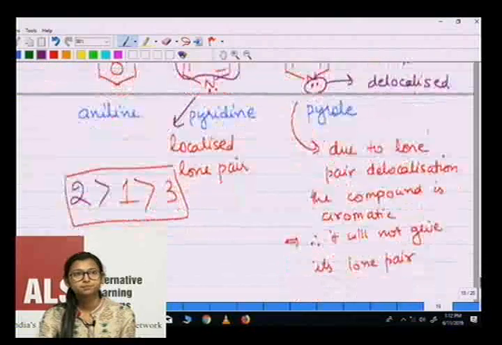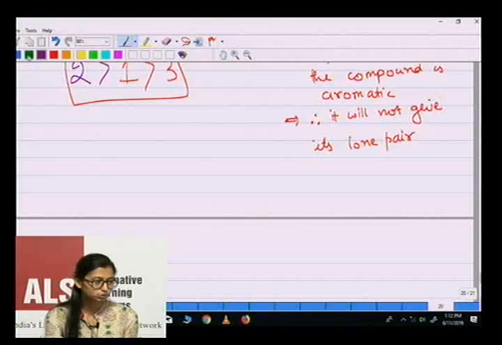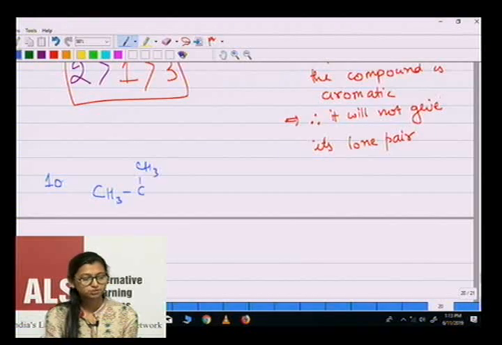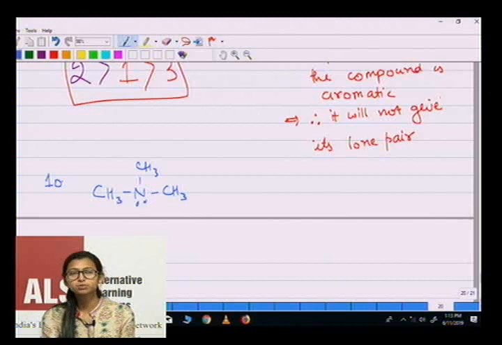Okay? Now I'm going to ask you one more very important question. You people will tell me. Let's say I have a 3-degree amine. Instead of the carbon, I should write nitrogen here. You understand now? You know the difference between 3-degree, 2-degree, 1-degree, that is tertiary, secondary, primary amines.